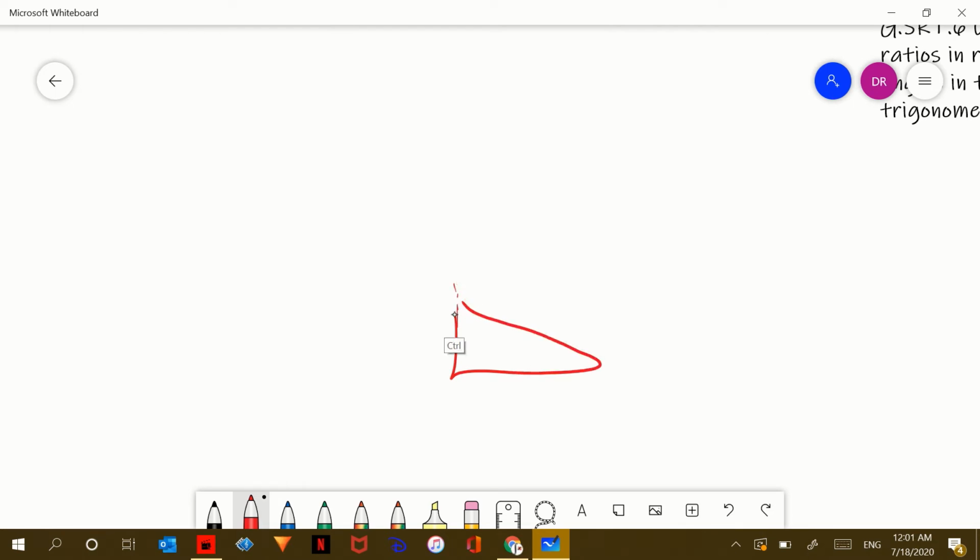There's also a distinct ratio between 30, 60, and 90. Actually, let me make this triangle a bit bigger. So we have a triangle with 90, 60, and 30. As we previously know, the greater the corresponding angle, the greater the side.